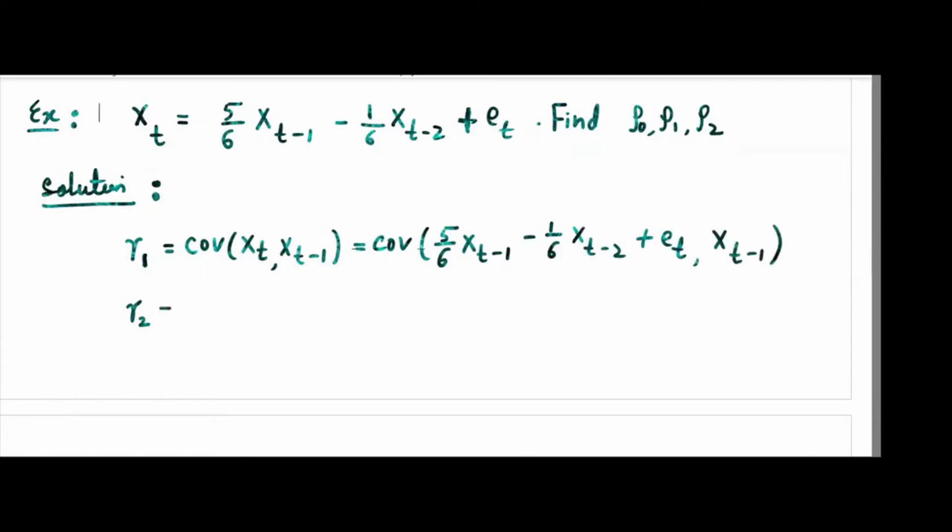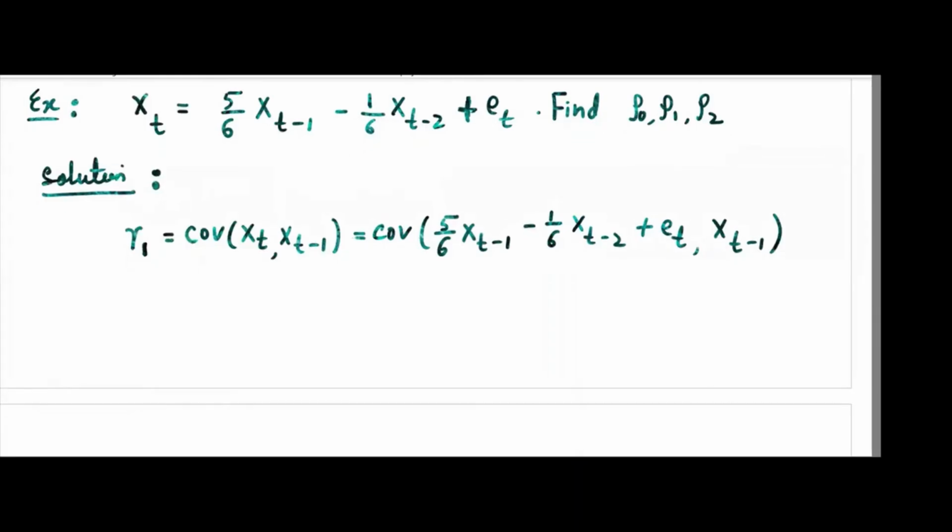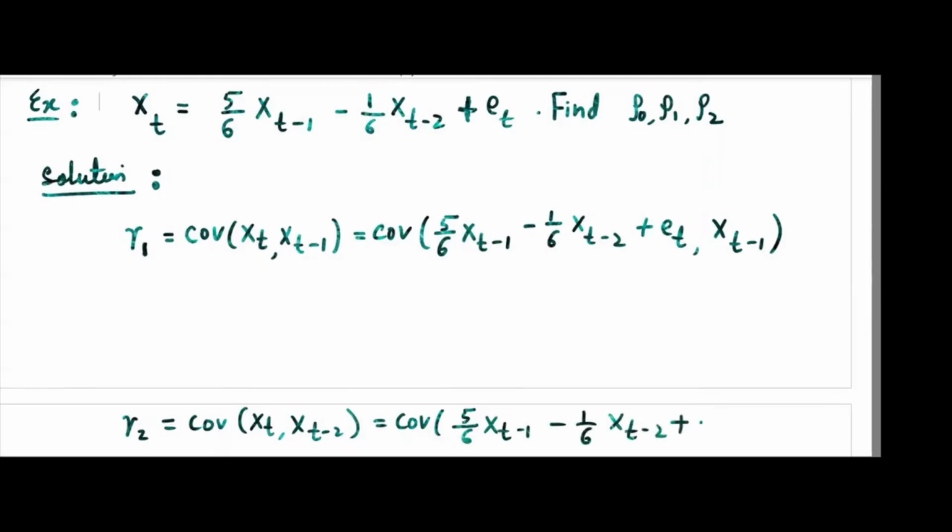If I write gamma 2, then also you have to write this way. Let me write gamma 2 here. Covariance of x_t, x_{t-2}. Then you will get covariance of the same formula: x_t is 5/6 x_{t-1} minus 1/6 x_{t-2} plus e_t, then x_{t-2}. Okay, so what we are doing is we are just substituting the values from the left here in both the cases.